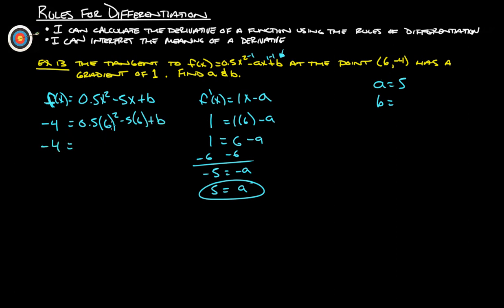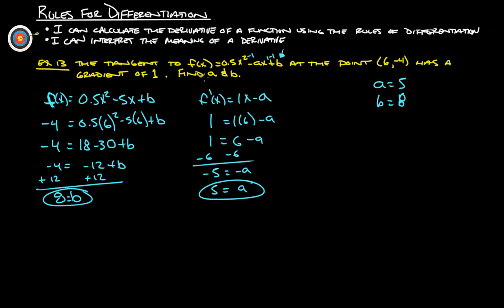So negative 4 equals 6 squared is 36, half of 36 is 18, minus 5 times 6 is 30, plus b, right? So 18 minus 30 is negative 12, plus b equals negative 4. Add 12 to both sides, and we get 8 equals b. So the b has to equal 8.